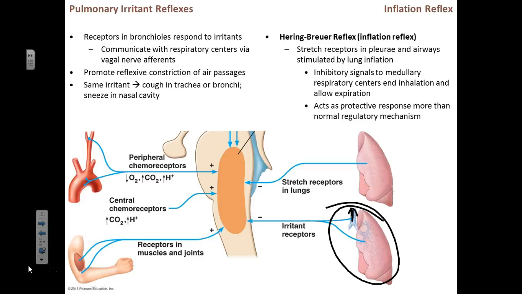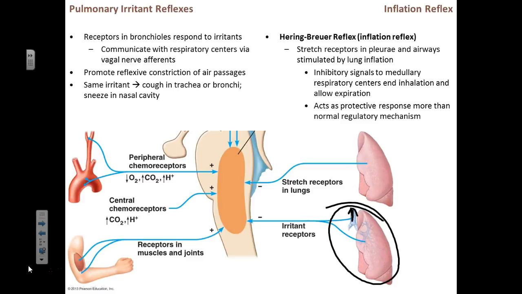Yeah, it's almost impossible. Okay, because you can cough voluntarily, but you try to control the reflex, to overcome the reflex. It's really hard. Okay.